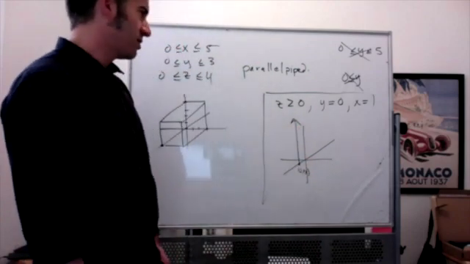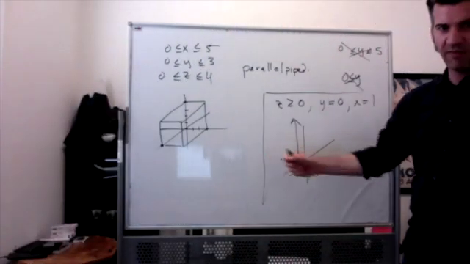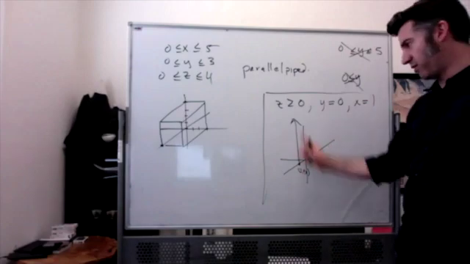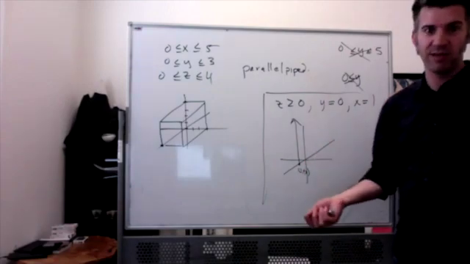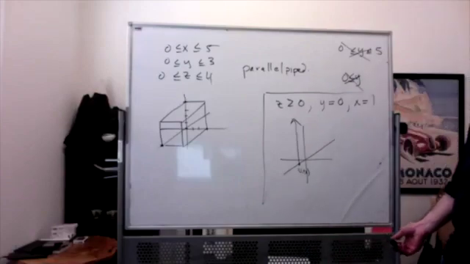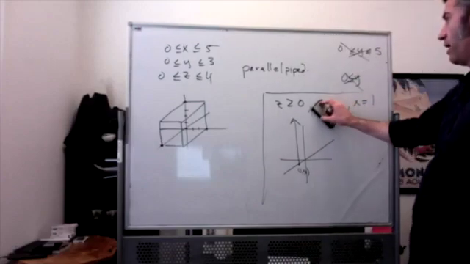All right, if y equals 0, I can't go left or right. If x equals 1, I can't go backwards or forwards. And if z is positive, I have to go this way. So I have half a line. I was trying to get half a plane. So I need to get half a plane. I think I need not to say anything about y.